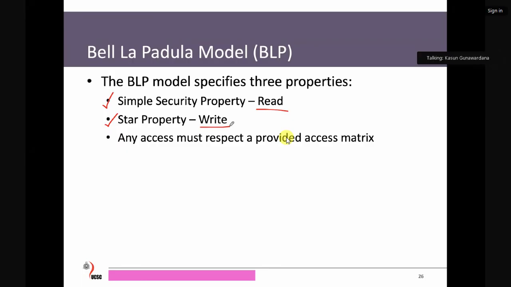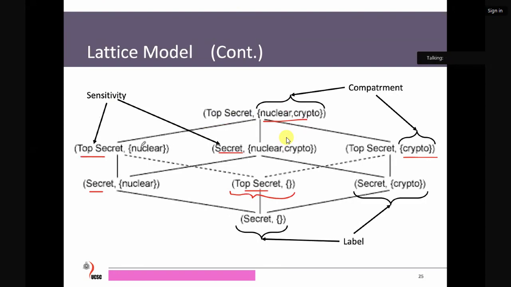So these two properties specifically look at read and write aspects. And the third property is that any access must respect a provided access matrix. An access matrix is something like this.